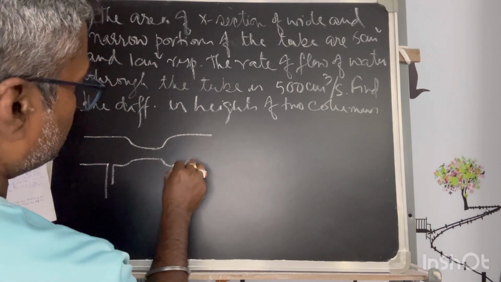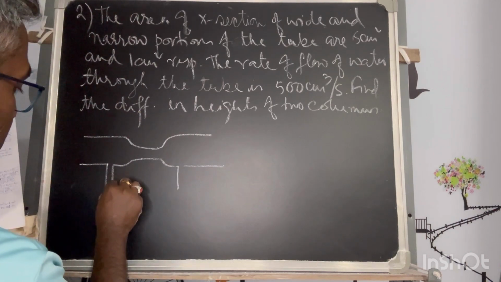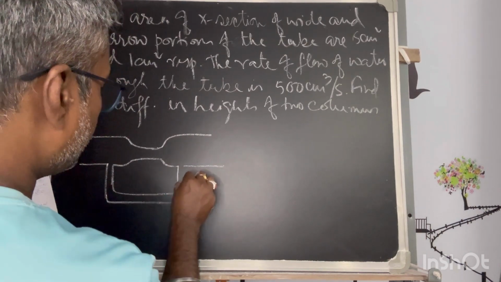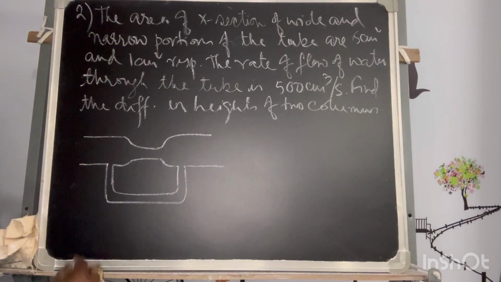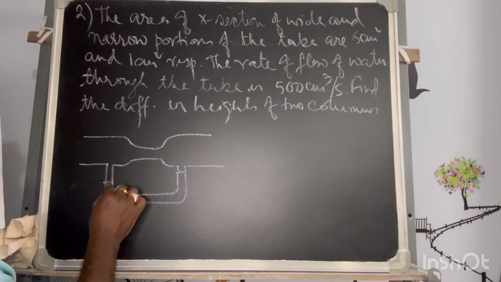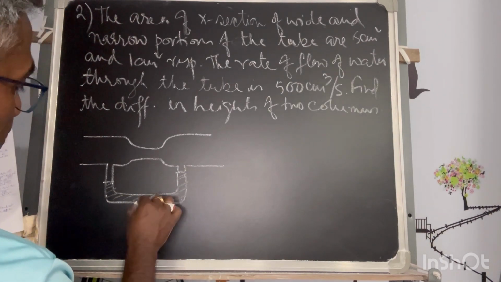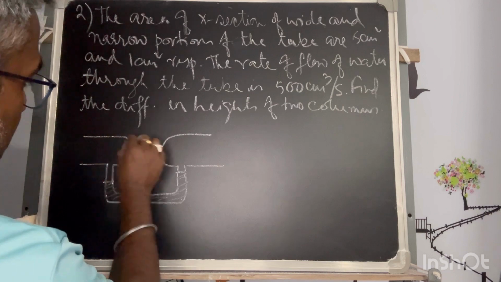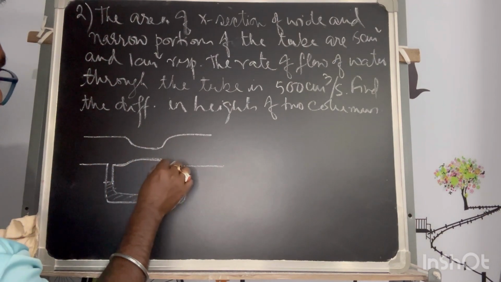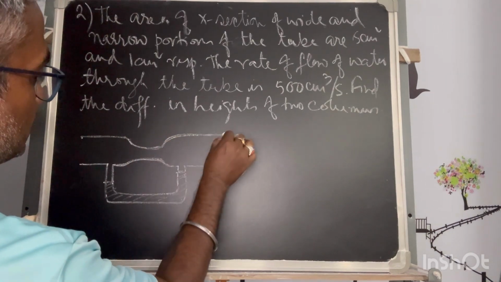In a flow path we can use this kind of arrangement, and from the difference in the liquid column, this liquid is of a different density, that can be kept below and having more density than the fluid flowing inside the duct. Okay, this is a complete arrangement. This is a kind of manometer, you can say.